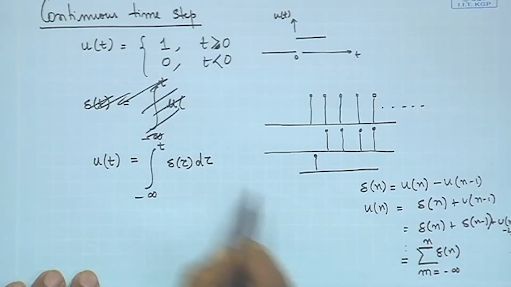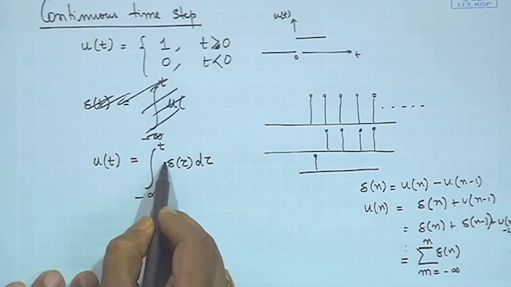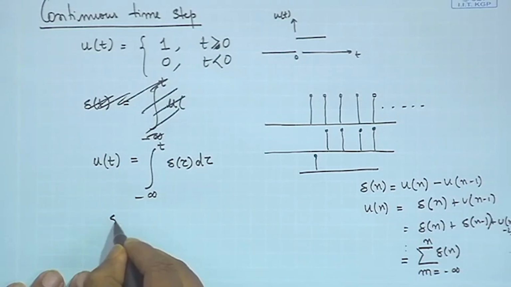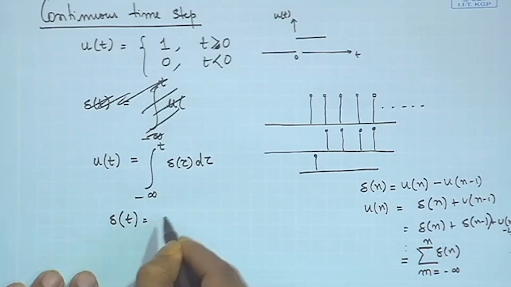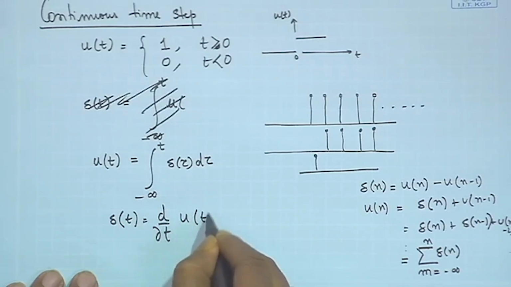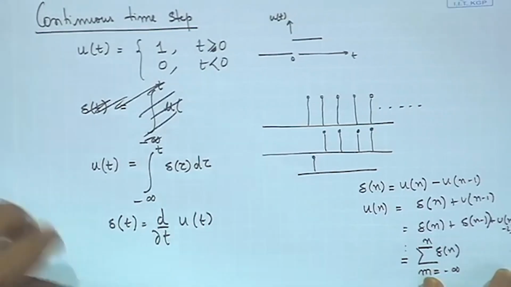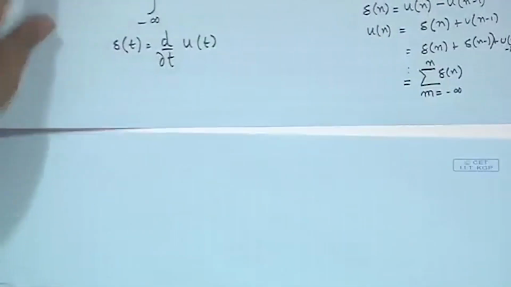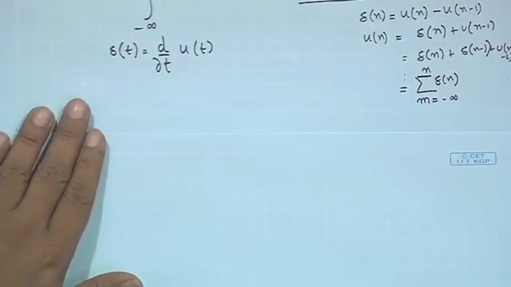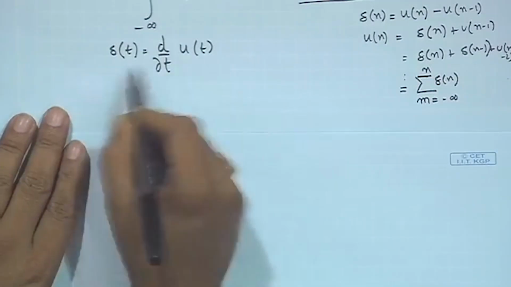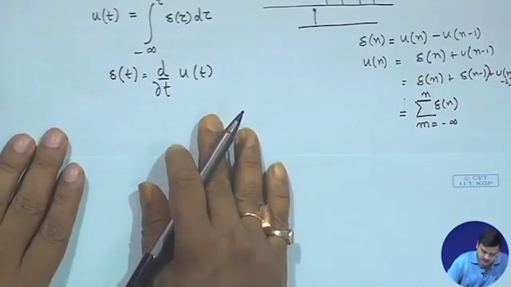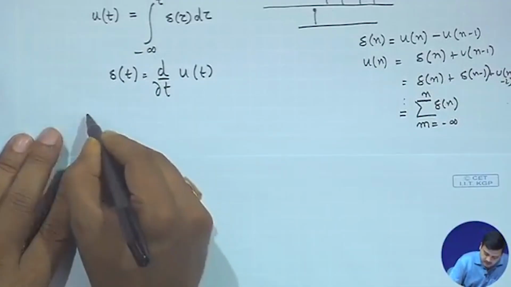So, this gives a hint towards this kind of relationship, and you would also have delta t is equal to the derivative of u of t, right. These are some important relationships which we would just like to revise, and if we see how you could get to this, you can make an approximation of u of t.